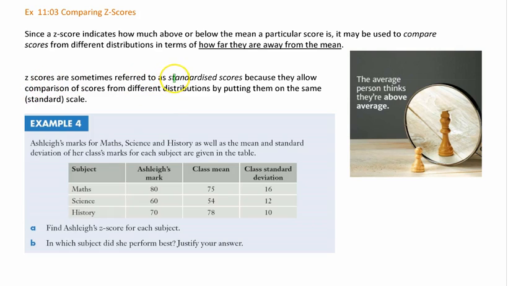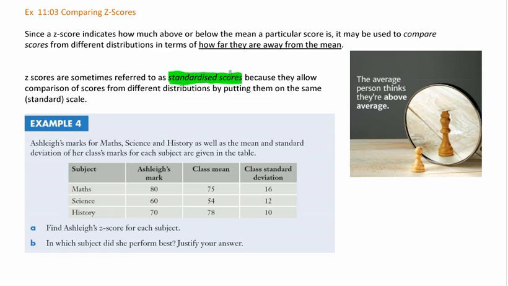Z-scores are sometimes referred to as standardized scores because we have a common standard, and the standard is the average and how far above or how far below the average the result actually was. So it doesn't matter so much what the average is.